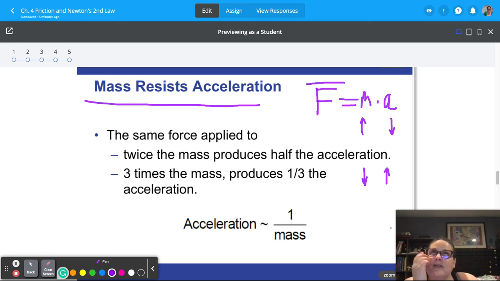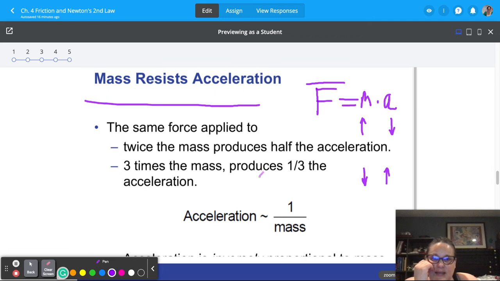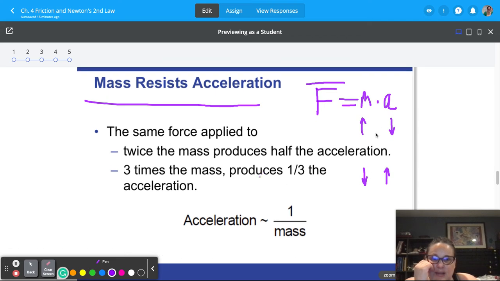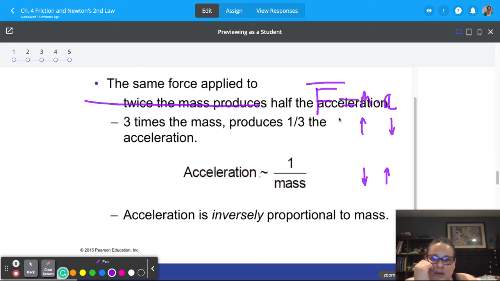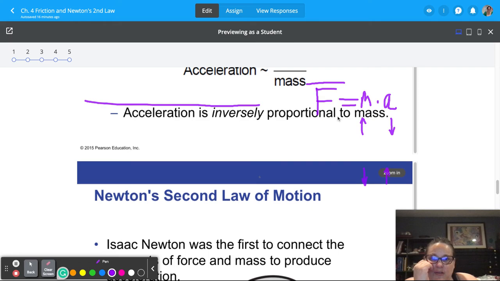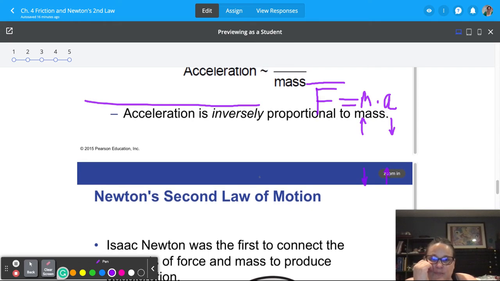Another example would be if you were running and then all of a sudden someone jumped on your back. You would definitely slow down and not be able to run as fast. And then, of course, the opposite being true. So it is an inverse relationship, meaning that if one increases, the other decreases. They're opposites if force is constant. And we call this inversely proportional.